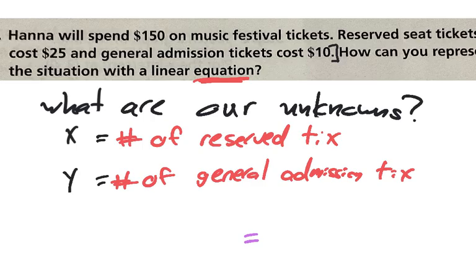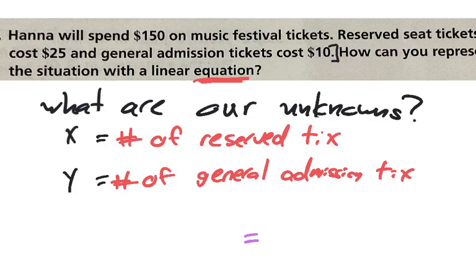Multiplying it by the amount of tickets. That's correct. So, if we were looking at reserve seats, this is the number of reserve seats I got. I multiplied this value by 25, because, like we said, you could have 6 reserve seats.